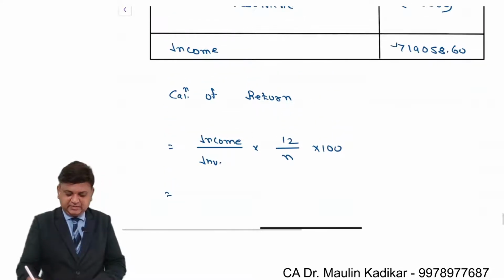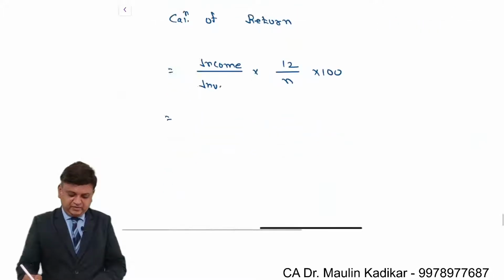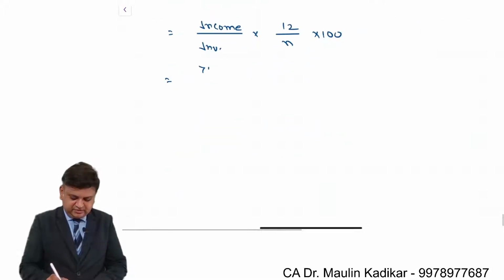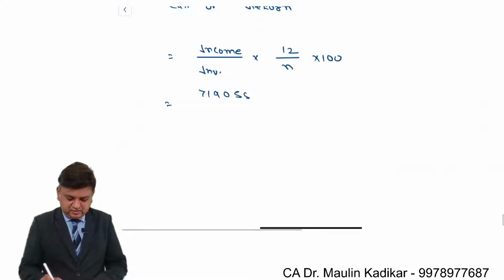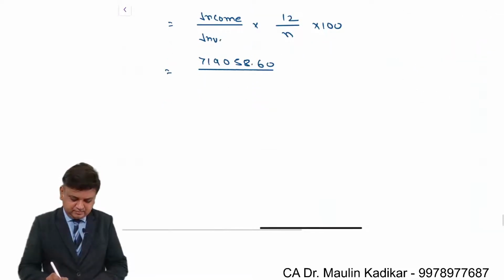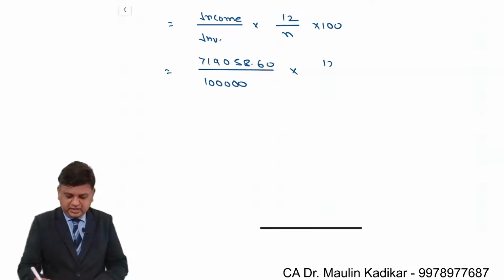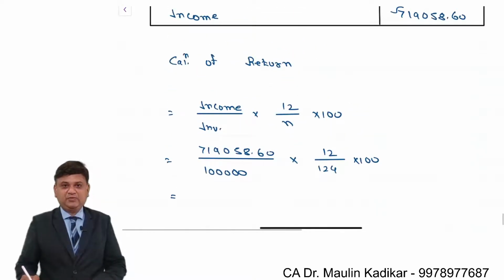The amount of the income is 719,058.60 divided by 1 lakh into 12 divided by 124 into 100. This is the way we are required to find the answer.